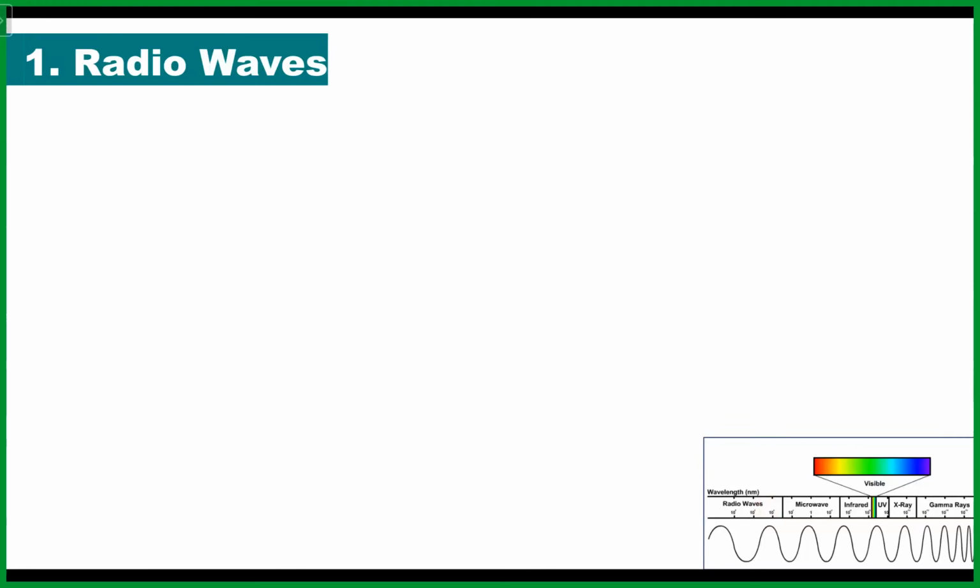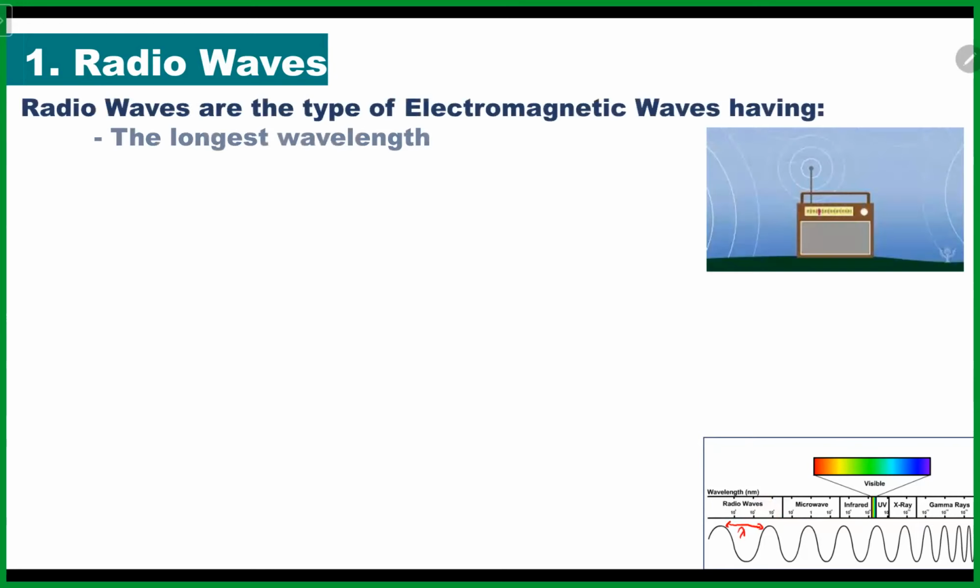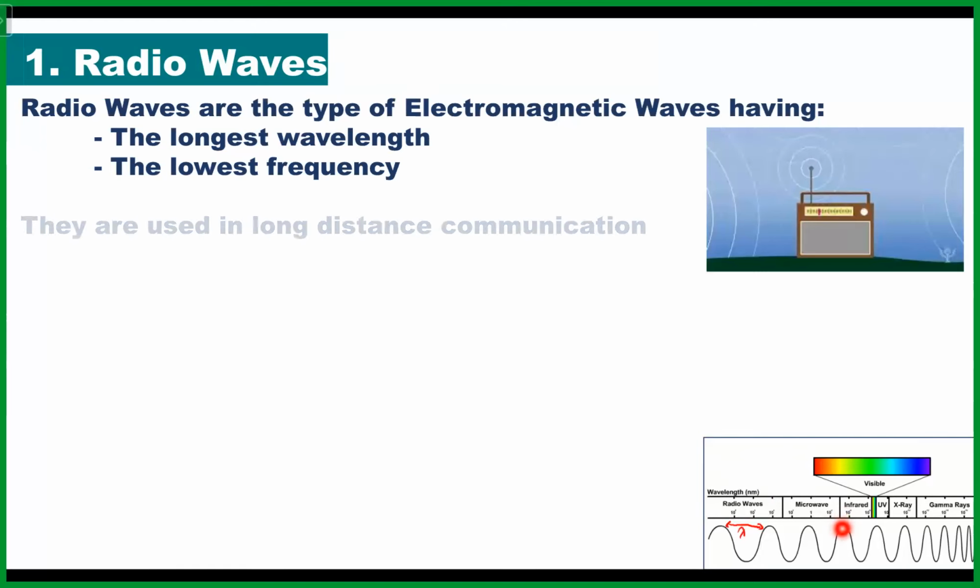What you know is that radio waves are the type of electromagnetic waves that have the highest wavelength. And because they have the highest wavelength, they also have the lowest frequency and lowest energy. That's what you already know about radio waves, because of the fact that the radio waves are the first one in the electromagnetic spectrum.